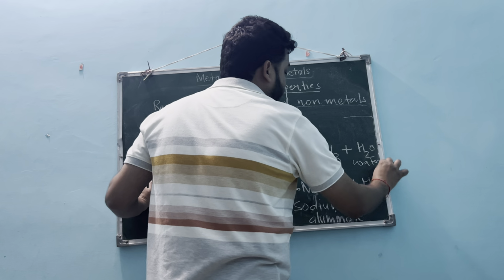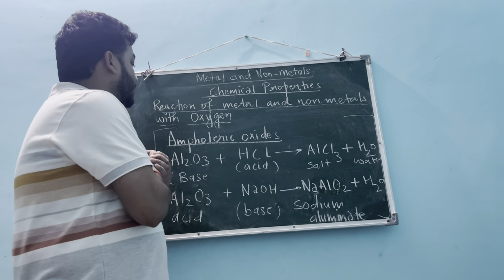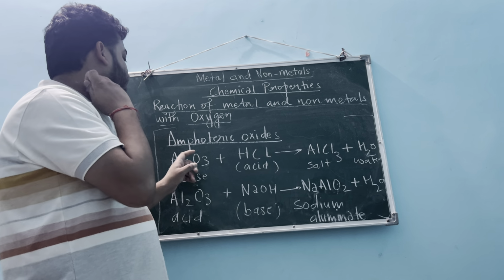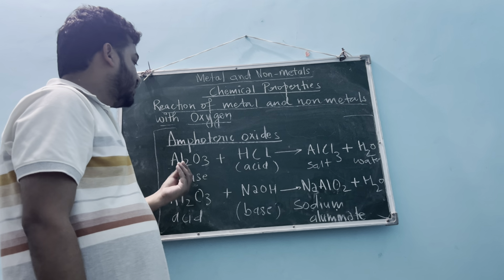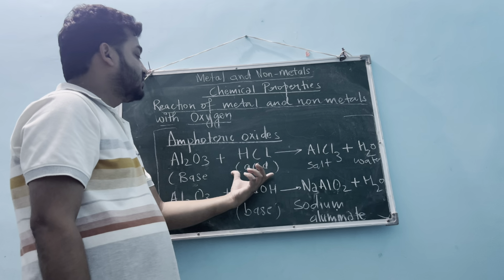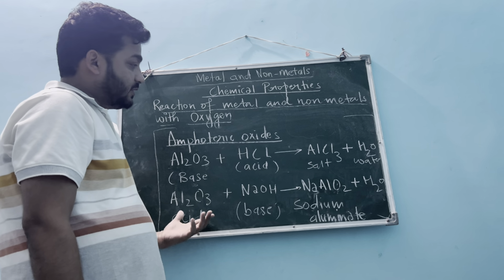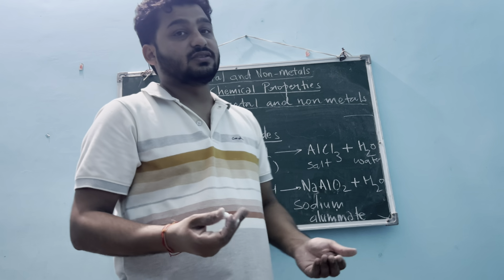Amphoteric oxide is something that always comes in the question paper. It has also come this time. What are amphoteric oxides? These are the oxides of metals that act both ways: when they react with acid, they act as a base, and when they react with a base, they act as an acid. And they form salt and water, like a neutralization reaction.